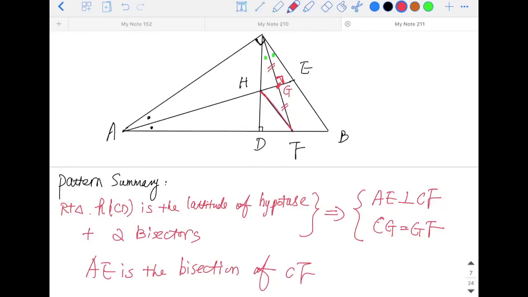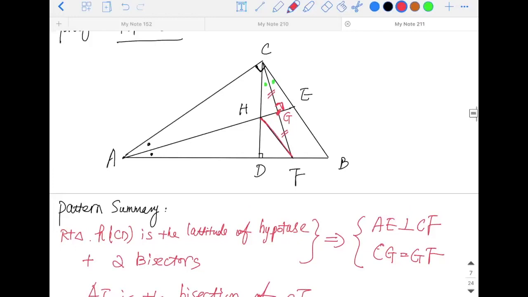So that being said, okay, perfect. So that being said, AE is the bisection of CF. Later, I'll show you how to prove this. Okay, so that being said, what does it mean? It means, let me write it here: one angle bisector is the bisection of another angle bisector.